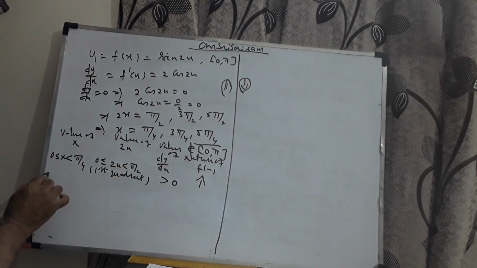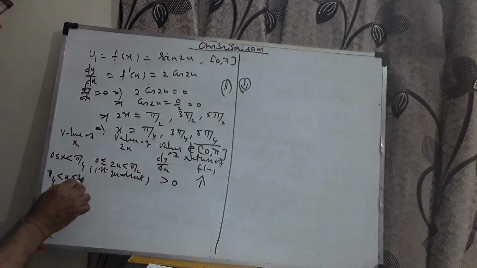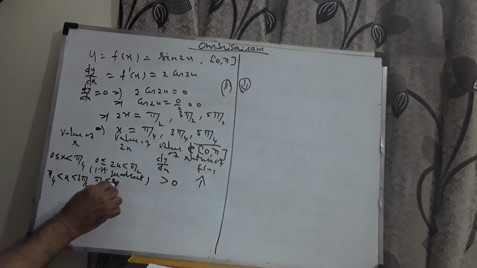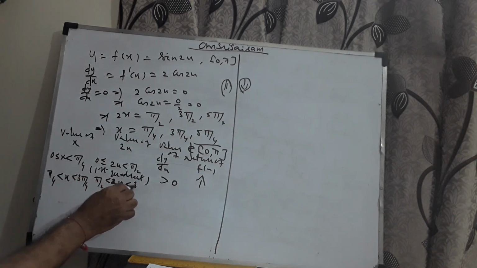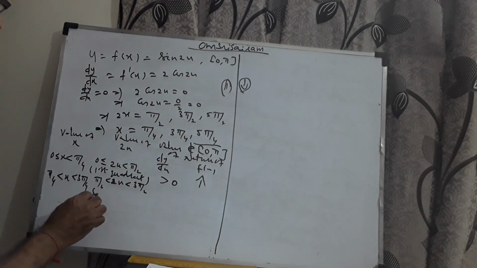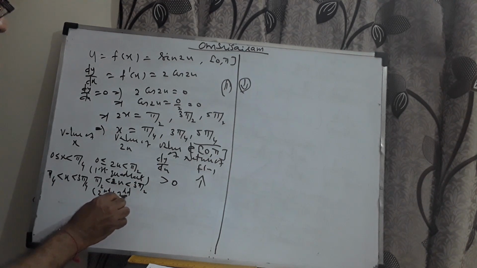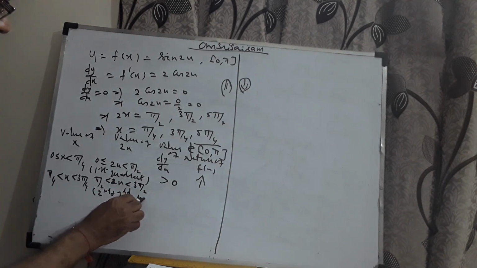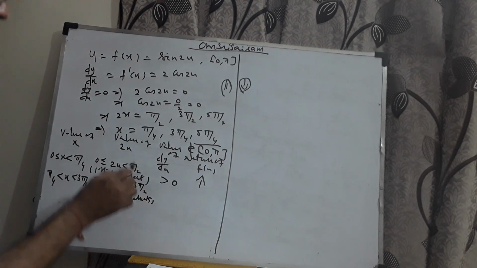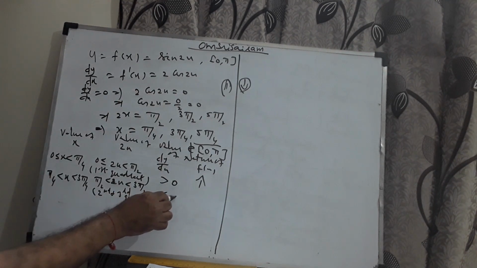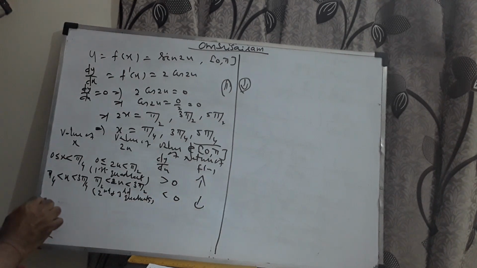Just remember carefully. Then pi by 4 less than x less than 3 pi by 4. Multiplying throughout by 2, I get pi by 2 less than 2x less than 3 pi by 2. These are angles in the second and third quadrants, where cosine is negative, so 2 cos 2x is negative and the function is decreasing.